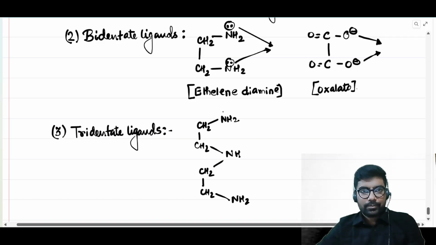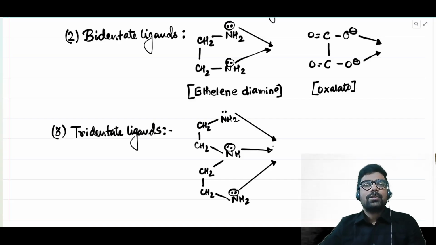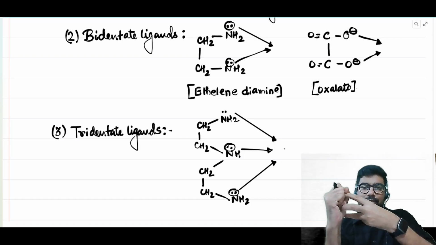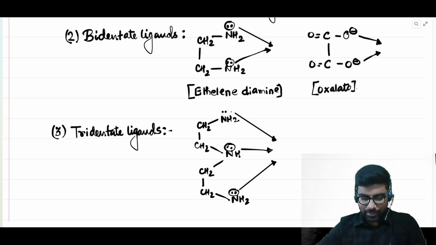Now three nitrogen atoms have three lone pairs. So it can combine with the metal using three ends. So this is an example of a tridentate ligand. It is connecting with three sides. The metal is over here. It is attacking the metal from three sides, attaching with it from three sides. So it's a tridentate ligand. Basically, the name is ethylene triamine.